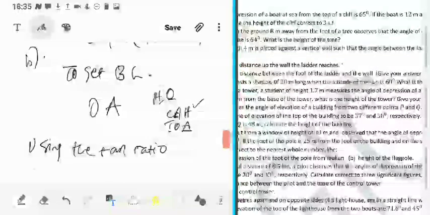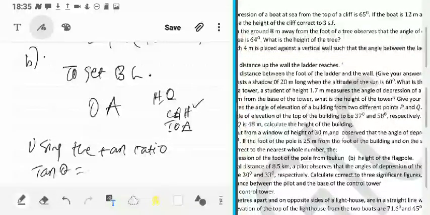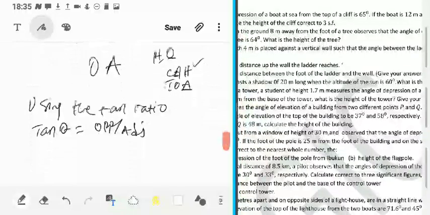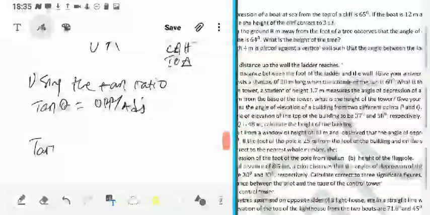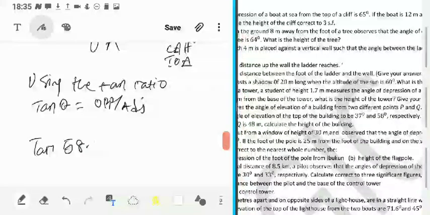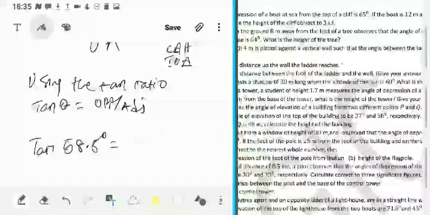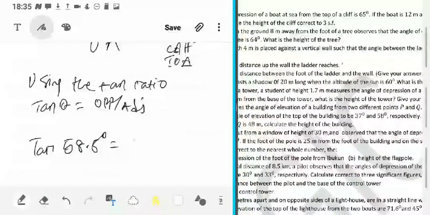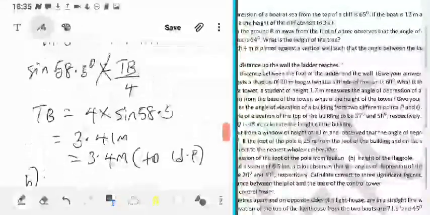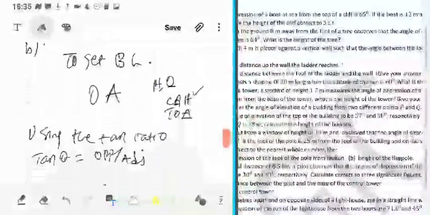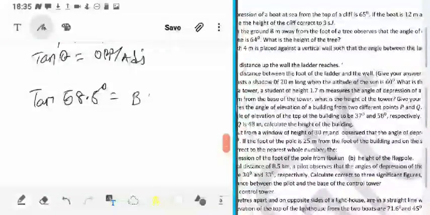So using the tan ratio, tan theta is opposite over adjacent. Tan 58.5 degree equals what? Opposite over adjacent.